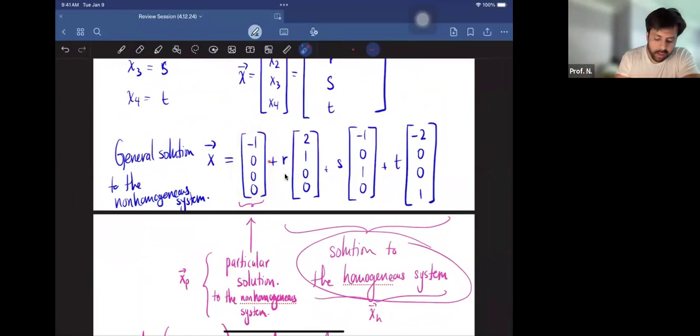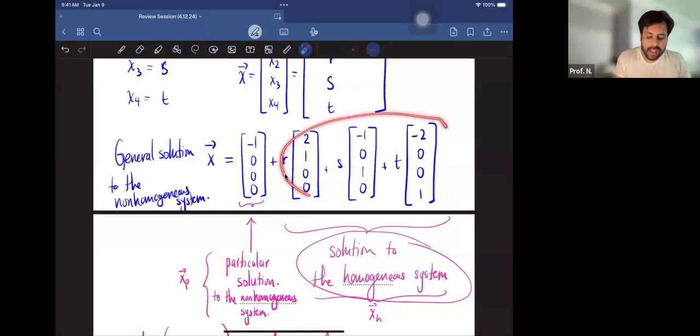Well, it looks like taking the particular one and then adding a linear combination of these vectors. Take any one you want. Make R, S, and T any numbers you desire. There are uncountably infinite possibilities.